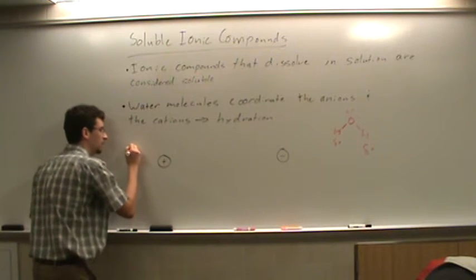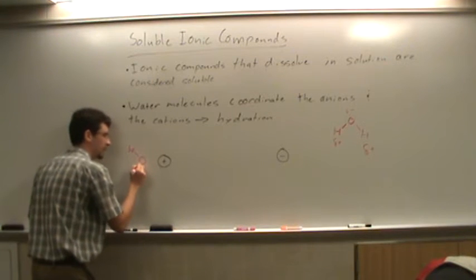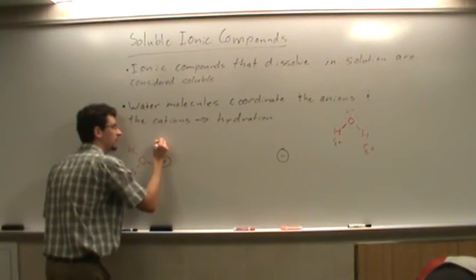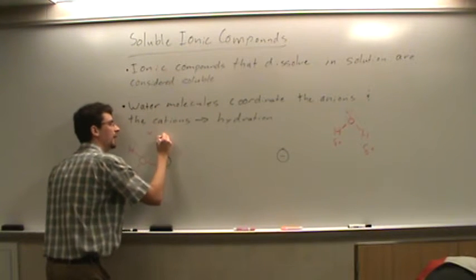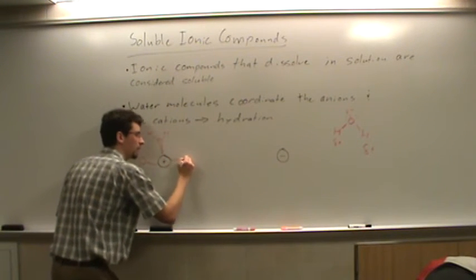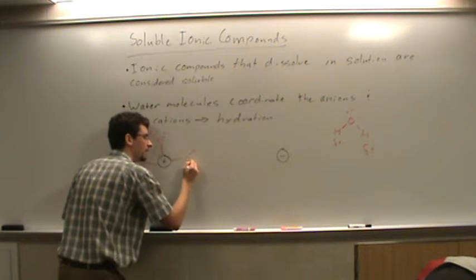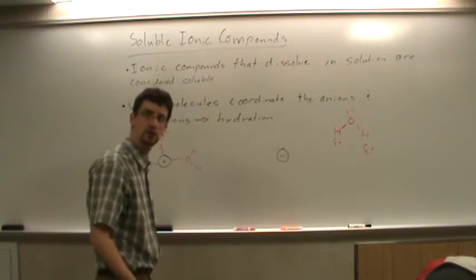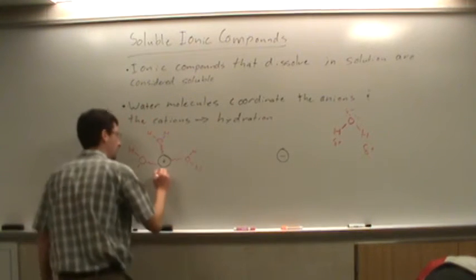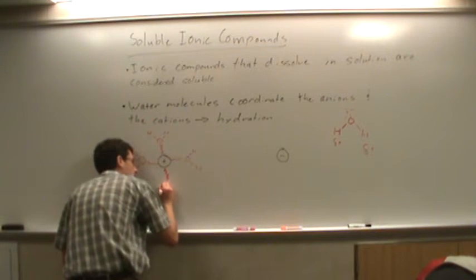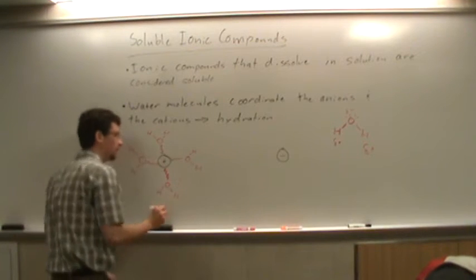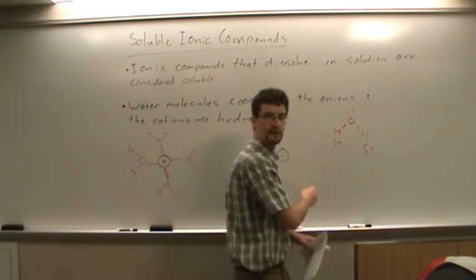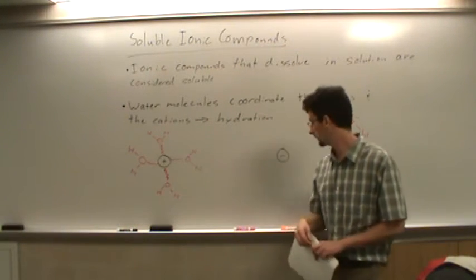If we draw water molecules coordinating, there's going to be an interaction this way. When we discussed intermolecular attraction forces, we gave this interaction a special name: an ion-dipole interaction.